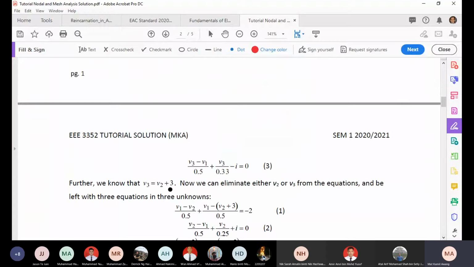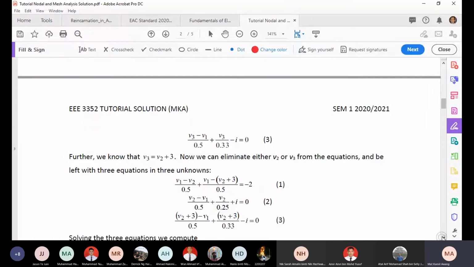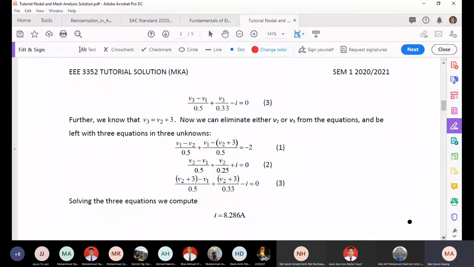Now we can eliminate either V2 or V3 from the equations and be left with 3 equations with 3 unknowns. So we substitute V3 with V2 plus 3.